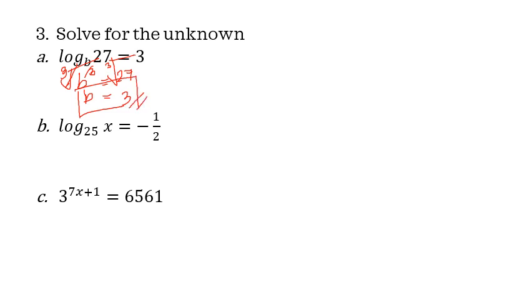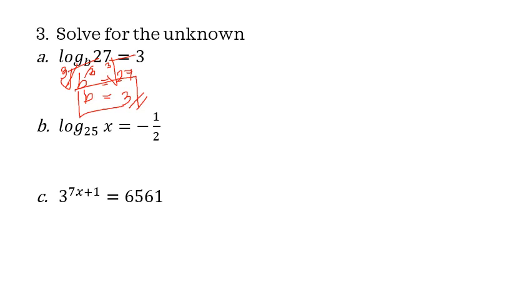So let's have log x base 25 is equal to negative 1 half. So again, same as with letter A, we are not allowed to get the value of x immediately by inputting it in our calculator. So we need to transform it into the exponential form.